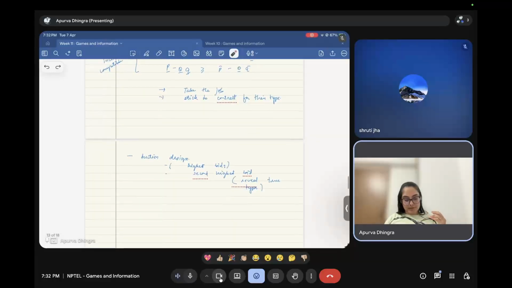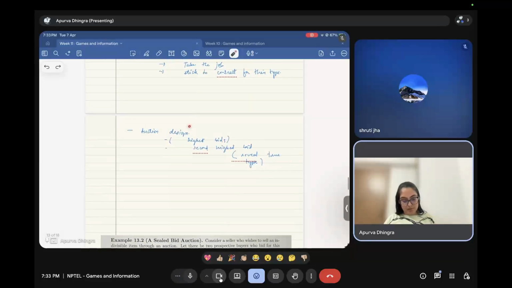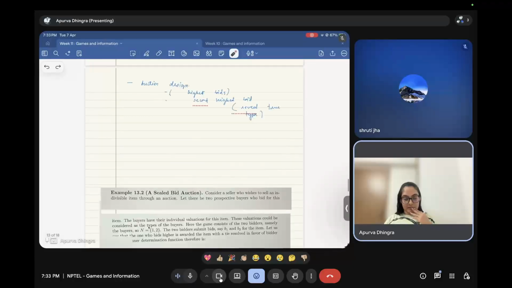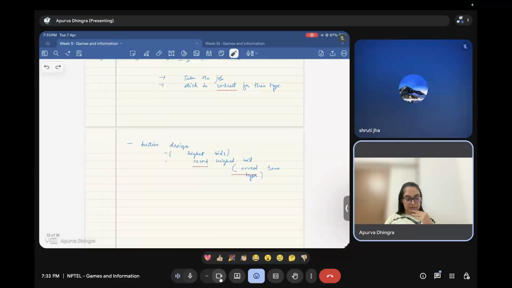So there are a few nice examples of this. One of them is designing auctions. I have one example, but we'll not go into much detail, just surface level we'll look at it.